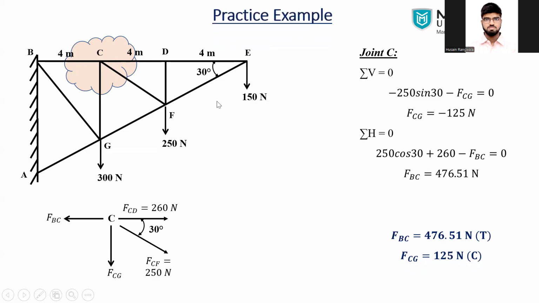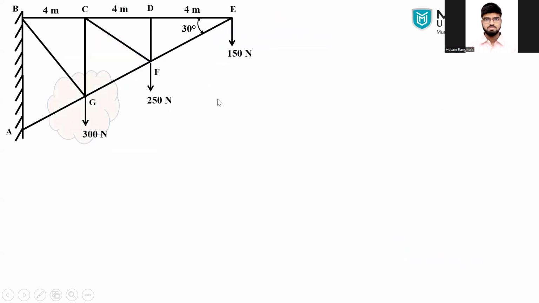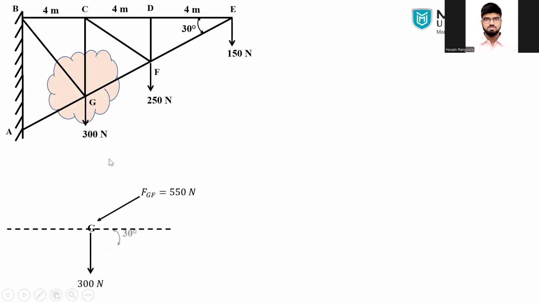Last but not least is joint G. It's again a little bit tough, like joint F; we have to do a little more work on the geometry because we don't know the angle of these inclined forces. First, I will mention the known forces: 300 Newton downward, FGF, which we found earlier, 550 Newton compression, acting at 30 degree.